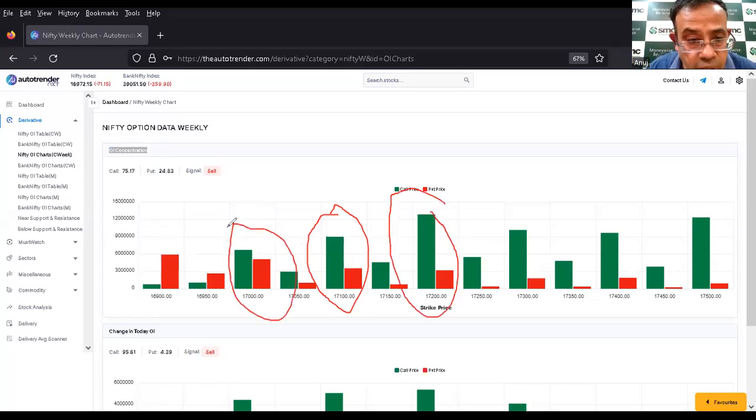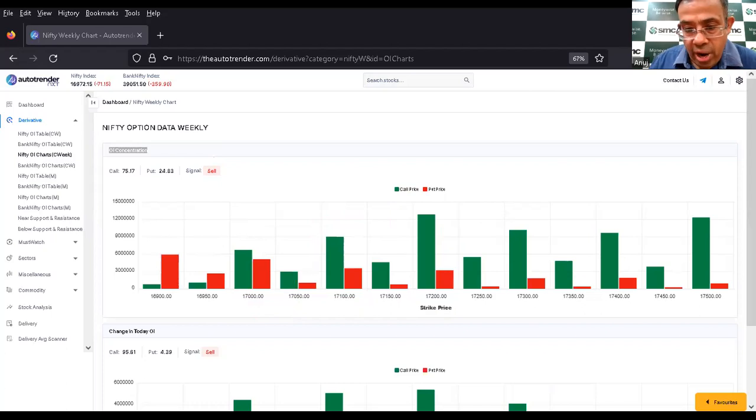Even the 17,000 level has call writing. This data is for the current week, which will expire tomorrow. Why I am telling you that it is writing data, we'll discuss when we discuss the whole table. Till that time, you just concentrate on the charting which we have provided.